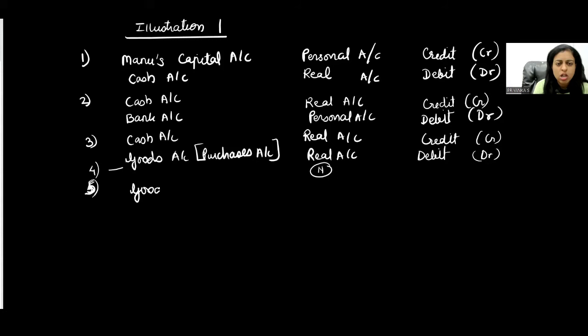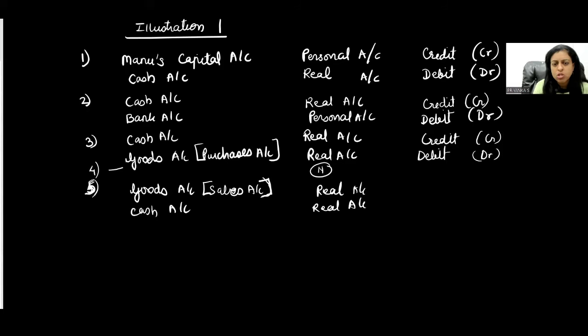Goods and cash are the two accounts. Goods account and cash account. Goods account, real account. Cash account also, real account. I hope now you're clear. Goods are coming in or going out. Goods are sold. So in this case, I can also put this as sales account for people to understand better ahead, because in journal, we are going to write it as sales and purchase.